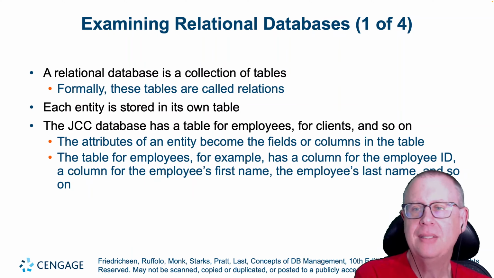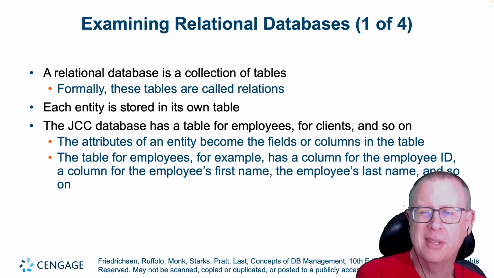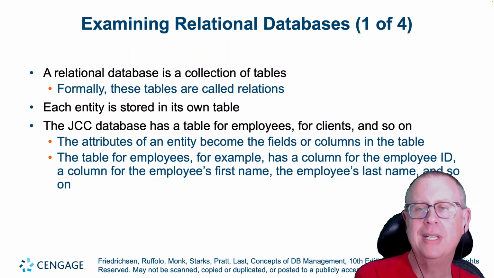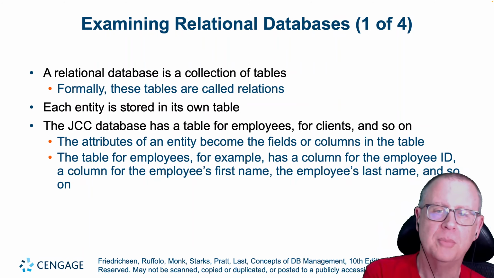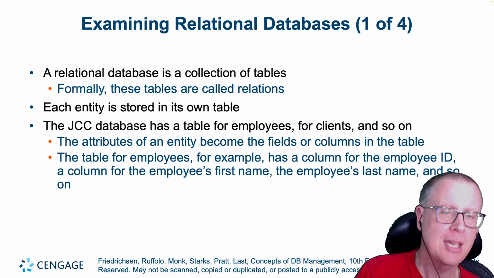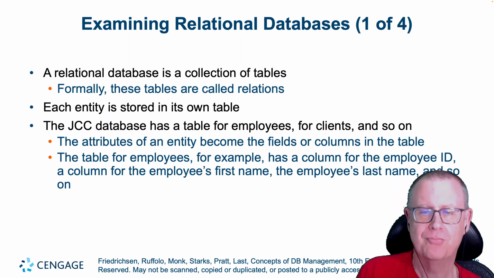And the JCC database has a table for employees, for clients, I think it has projects, and the attributes of an entity become the fields or columns. So entity, table, relation are pretty much the same three things.